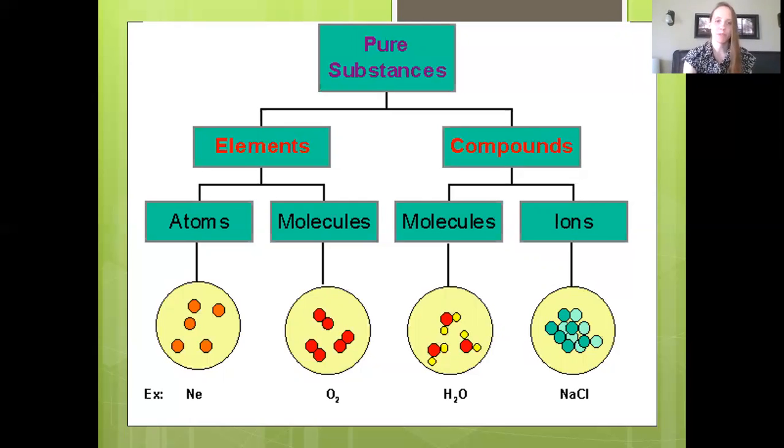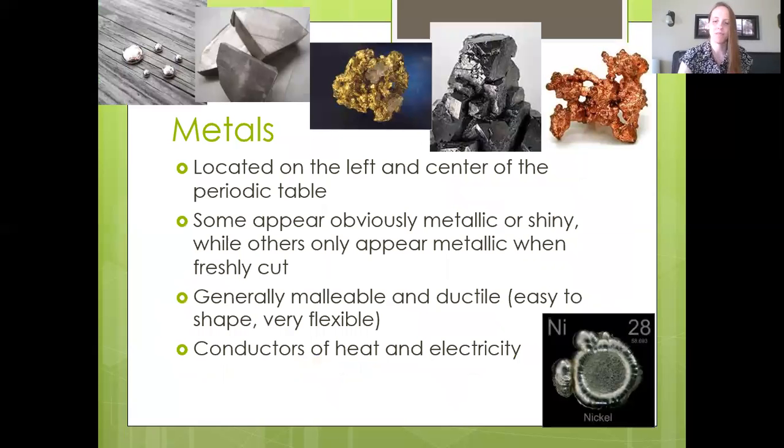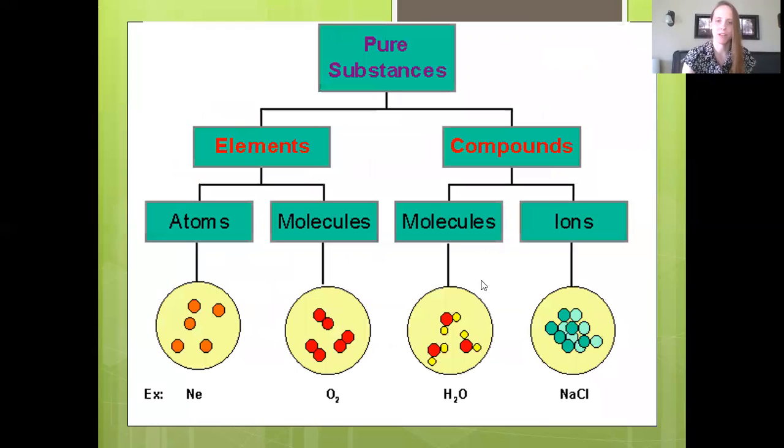The difference between these two types of molecules is that elemental molecules only have one type of element in them. A compound molecule has at least two different types of elements in it. By the way, we are going to spend more time talking about these different types of molecules and the bonds that form.